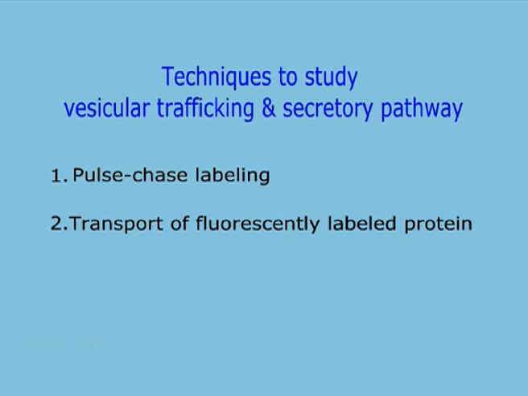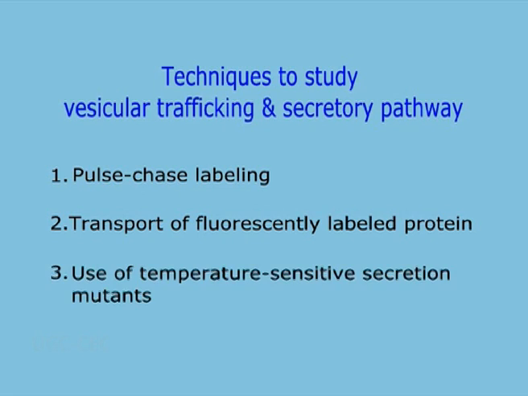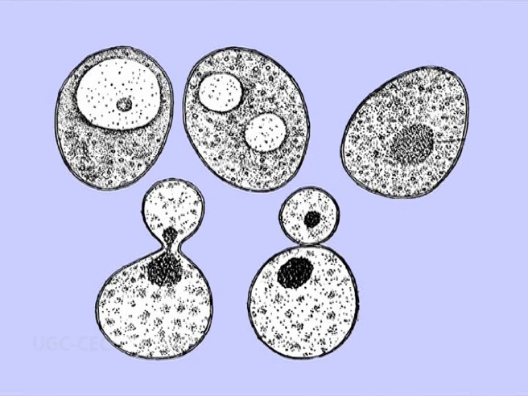The second one is transport of fluorescently labeled protein along the secretory pathway can be observed by fluorescent microscopy. The third one is many of the components required for intracellular protein trafficking have been identified in yeast by analysis of the temperature sensitive secretion mutants which are defective for the secretion of proteins at the non-permissive temperature.